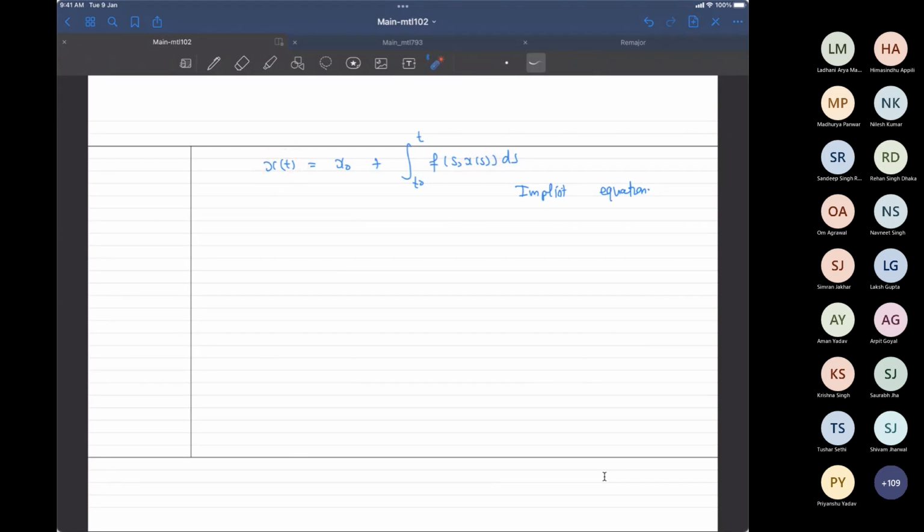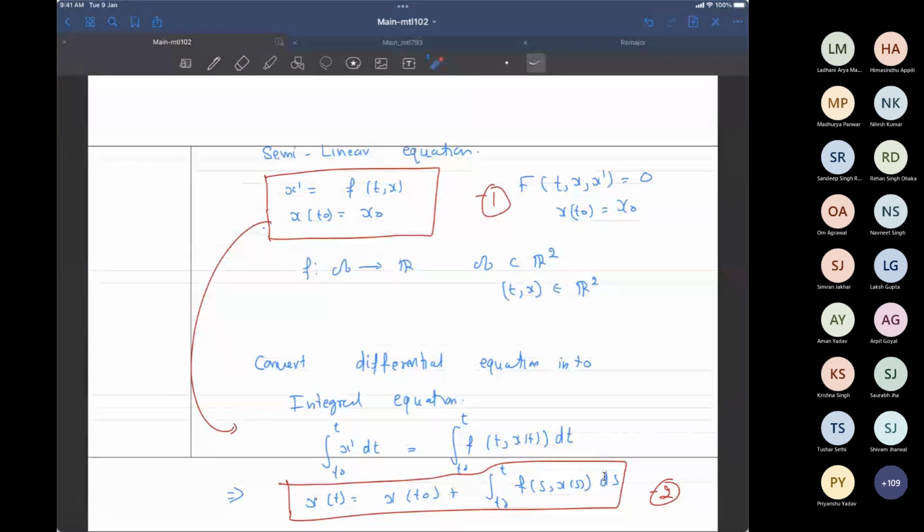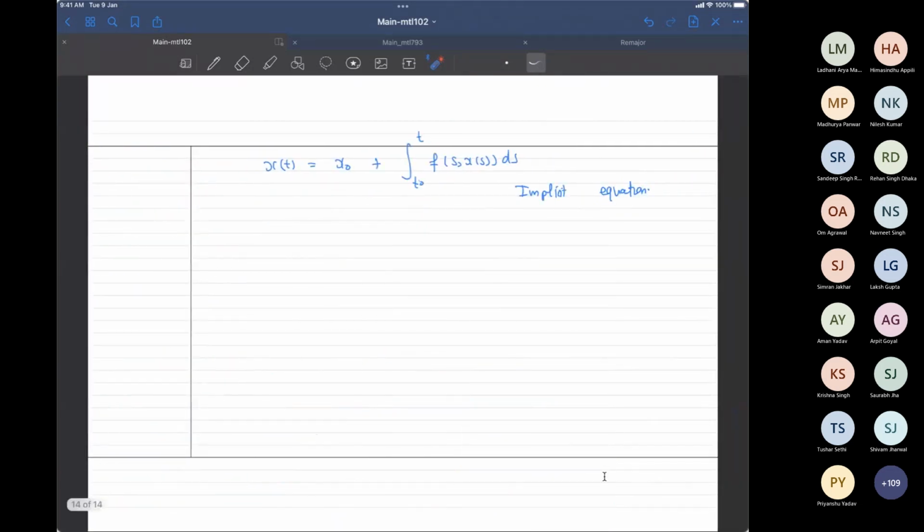So now the question is how to solve this thing. I will never discuss the differential form, because once I have the solution for this, by the fundamental theorem of calculus x will be differentiable, and then the differential equation is automatically satisfied. Of course I need to give the appropriate condition on f for this to be true. So our aim will be to understand the solution of this equation.